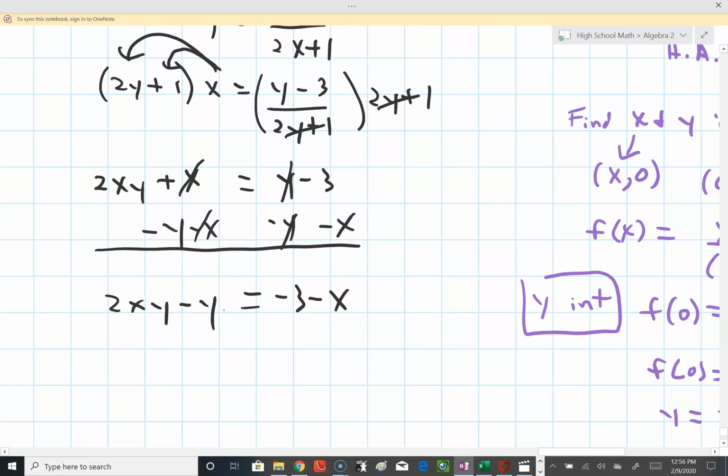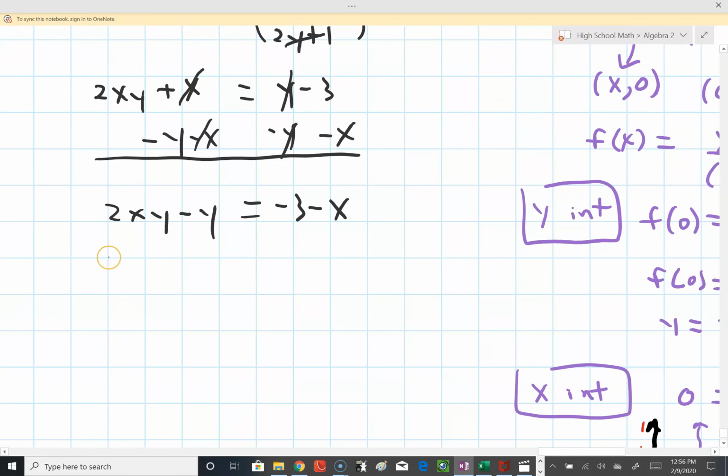Note that when we move from one side to the other with respect to the equal sign, it's a positive y on the right-hand side, it's a minus y on the left. Here we had a plus x on the right, it's a minus x on the left. Now I'm going to factor y out of the right-hand side.